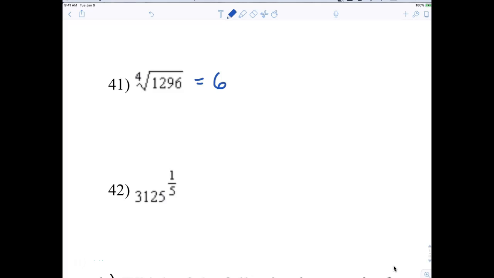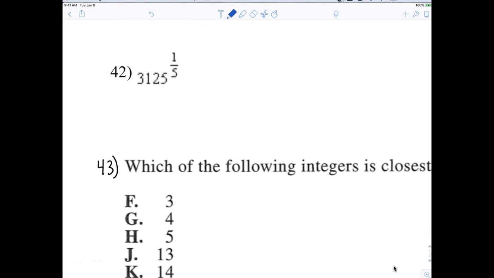Okay, that's good. All right, so we're 6 now, right? All right, 42, thank you. Yeah, 5. All right, does anybody have any issues on the calculator section? All right, here we go.